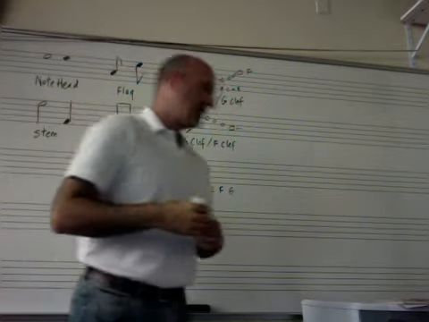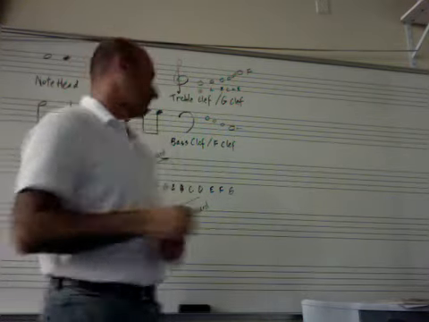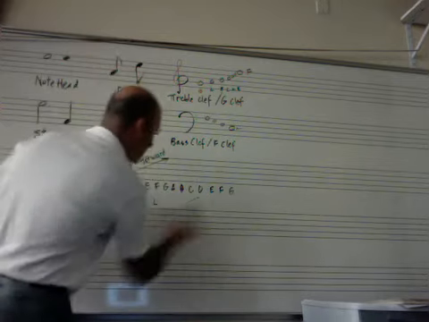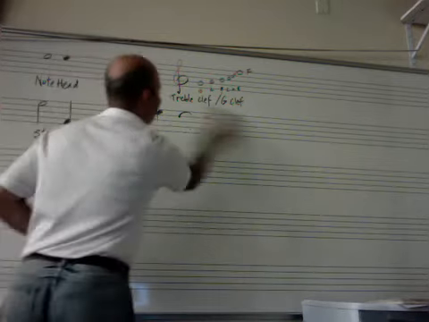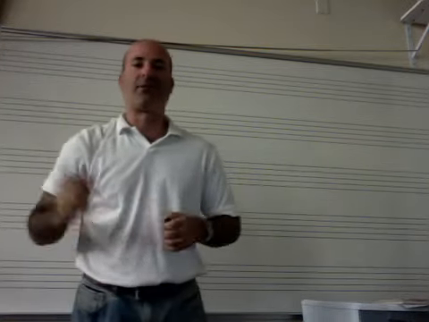All right, really the final topic that we're going to talk about now is time signatures. I'm going to make some room here. So time signatures, we have a top number and a bottom number.